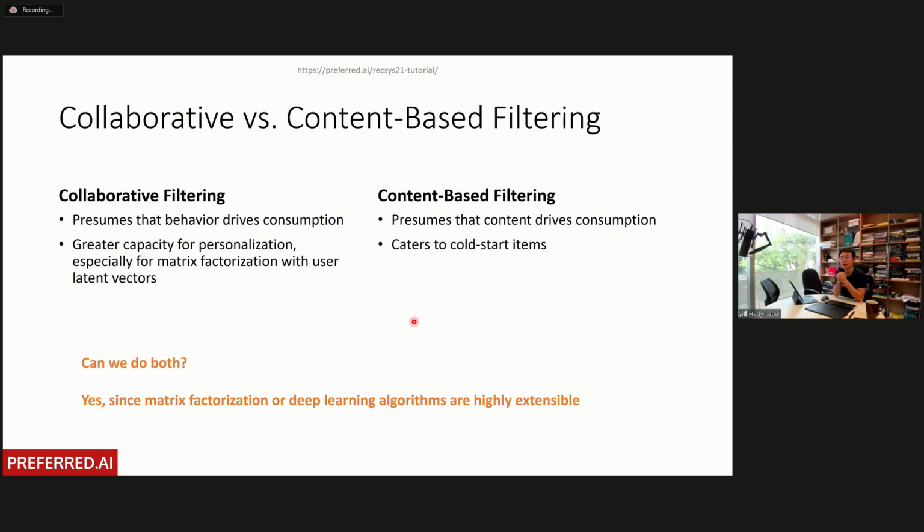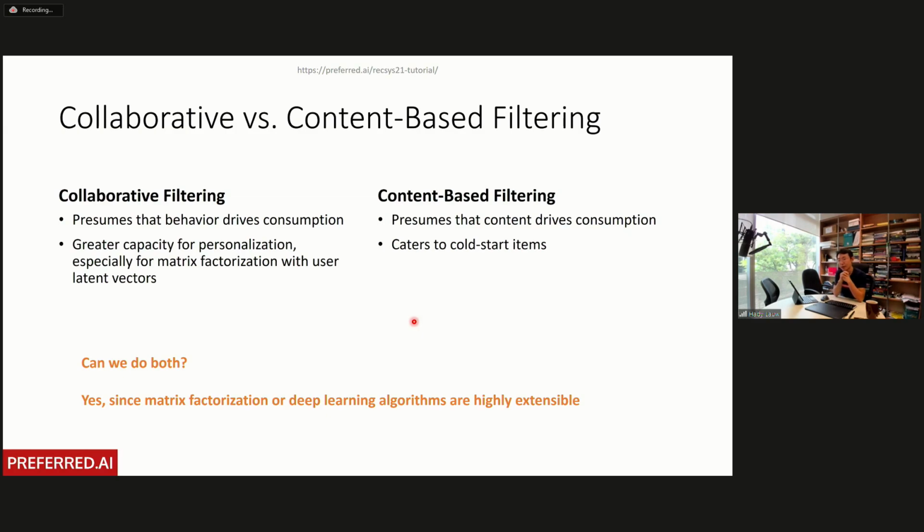It turns out that this is a good thing to do for two reasons. One is that it can be done relatively easily, with some engineering architecture changes, because matrix factorization and deep learning are both very modular and extensible. So we can bring them together and create bigger and better models.